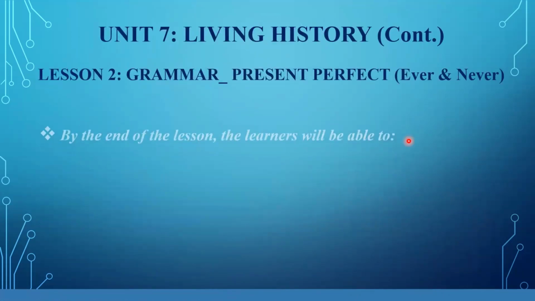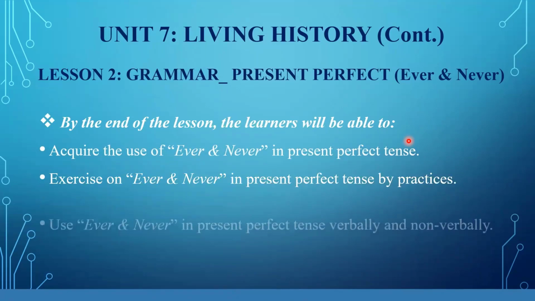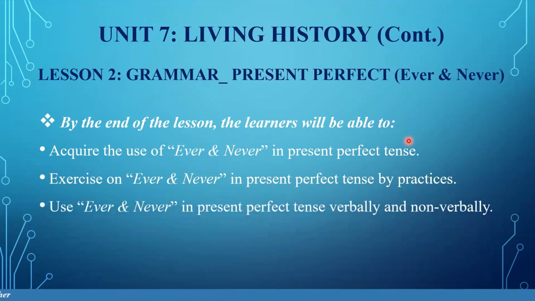So now this is the new lesson for today. Lesson 2, grammar, present perfect, ever and never. By the end of this lesson, you will be able to acquire the use of ever and never in present perfect tense, and you will be able to do some exercise practice on ever and never in present perfect tense.